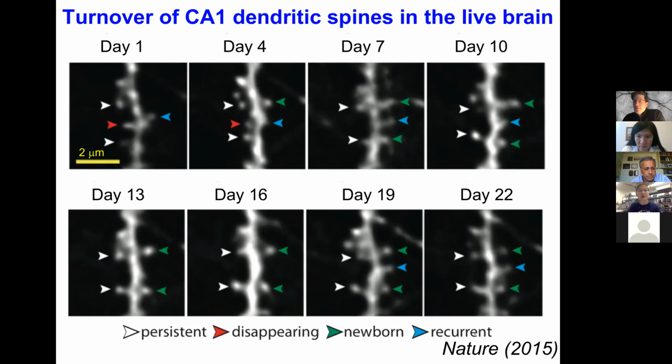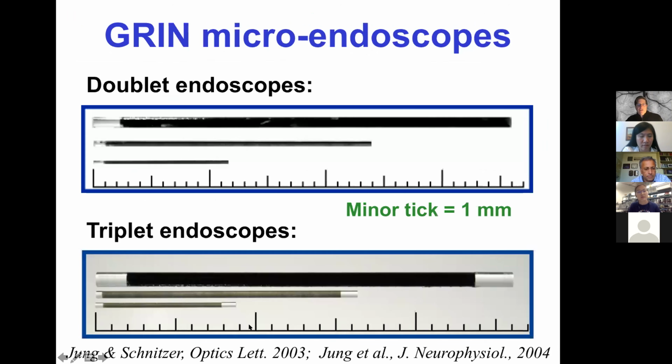How deep is it supposed to go, the deepest point, for example? Is it millimeter or micrometer level? Well, let me go back to that slide so we can take a look at it. Each tick here on the scale is 1 millimeter. So you can see that we can have endoscopes that can be quite long, and with, say, roughly a 1 centimeter endoscope, you can go to the ventral portion of the mouse brain.